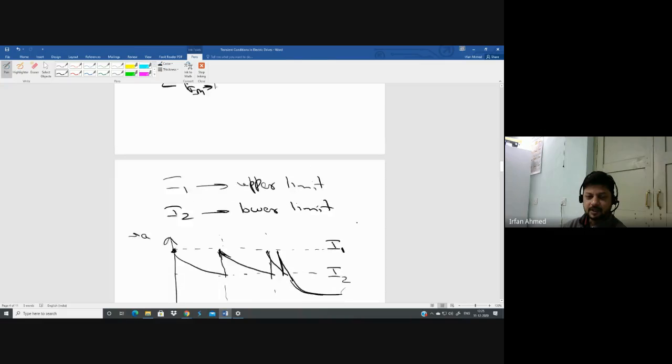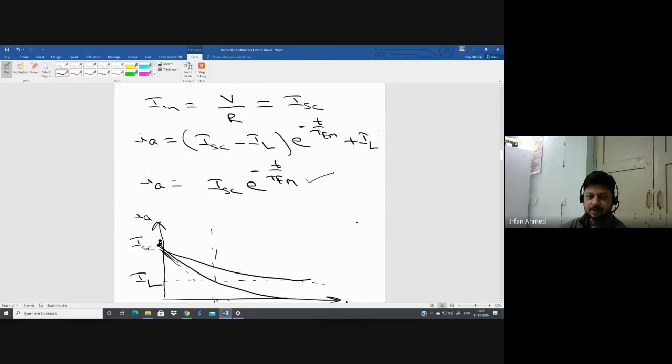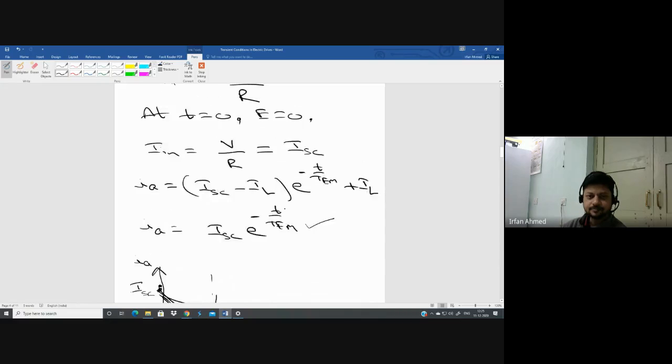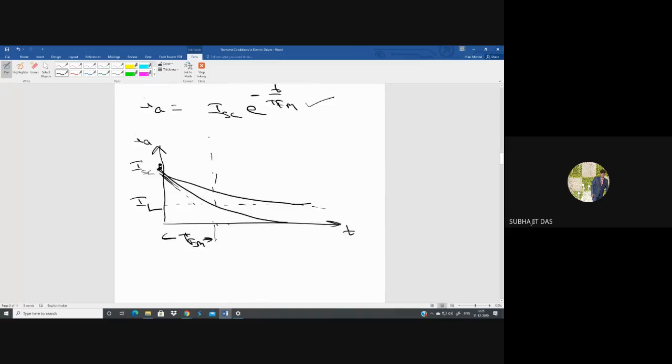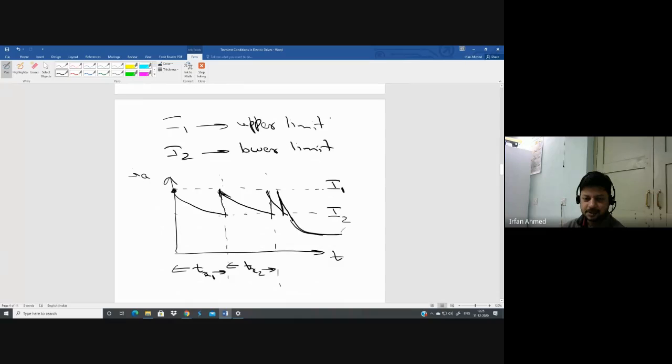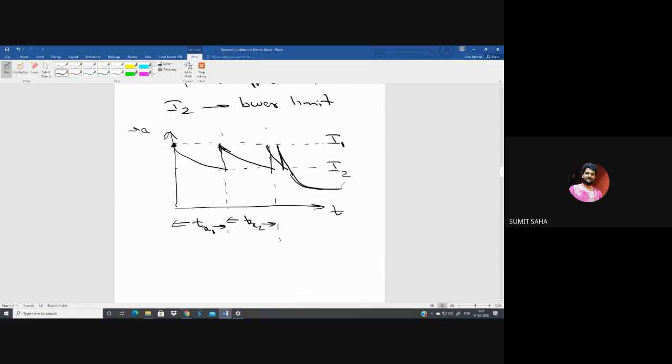So how can you find Tx1? We can find Tx1 by using this equation. IA is equal to this one. So for this case, IA will be I2 and IN will be I1.